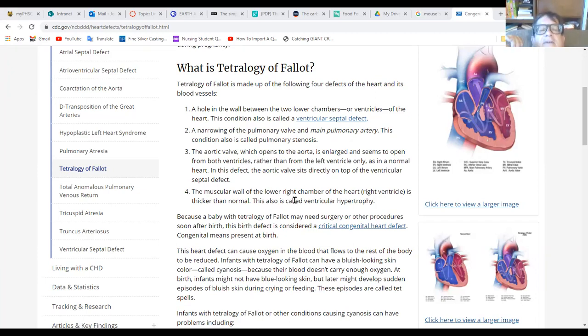You could have an enlarged, oversized aortic valve, so big that it actually could be taking blood from both ventricles, and it's causing mixing of oxygenated, deoxygenated blood. Obviously not good. Or the right ventricle could be thicker than normal. So ventricular hypertrophy. Anyway, those are the things that the book says are the tetralogy of Fallot.